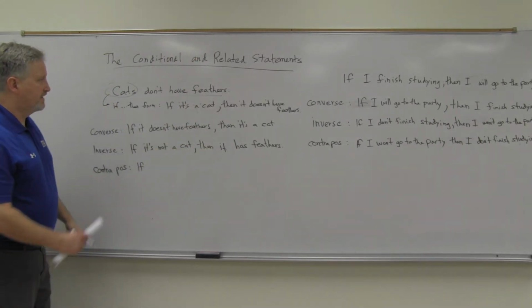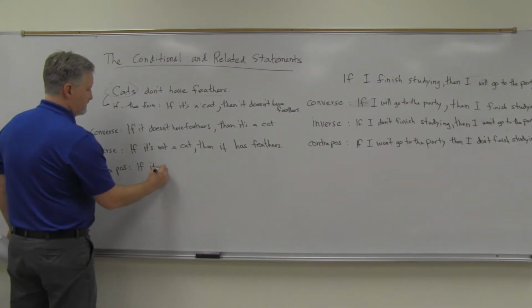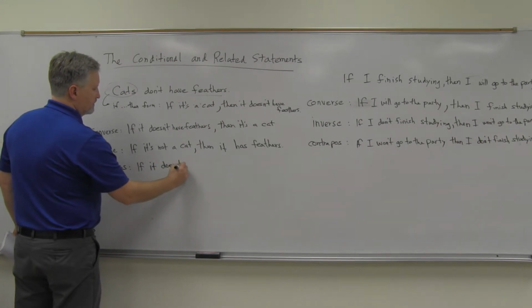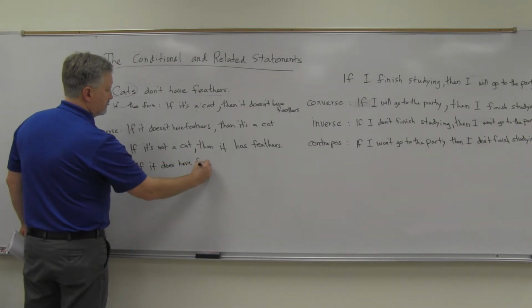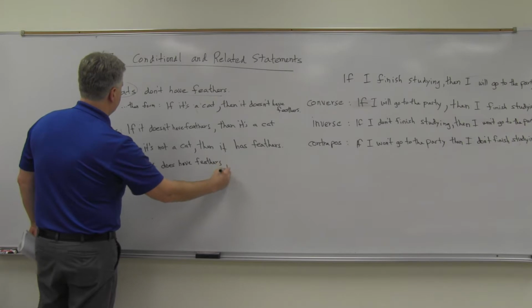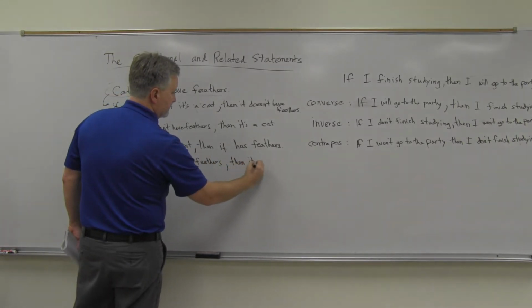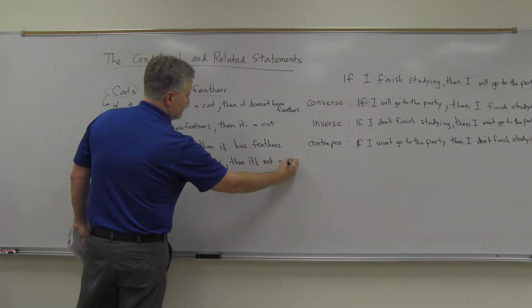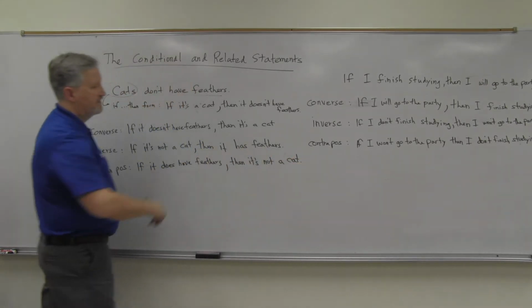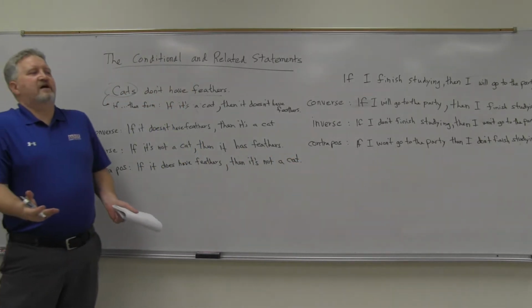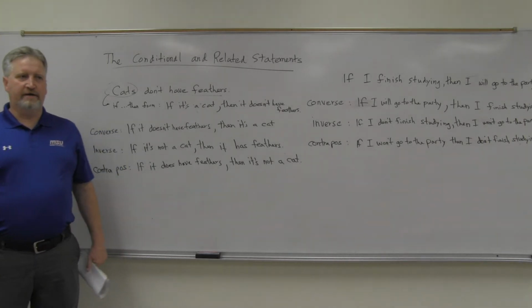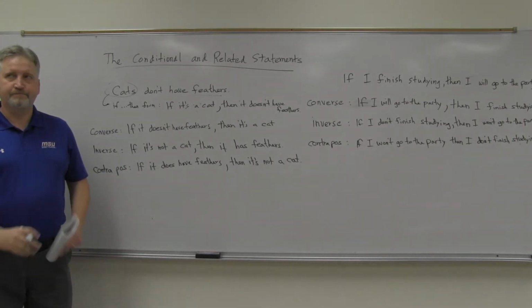Which was what I did there. So if it does have feathers, then it's not a cat. Yeah, to negate something that has not in it, you just take the not out, right? Most of the time.